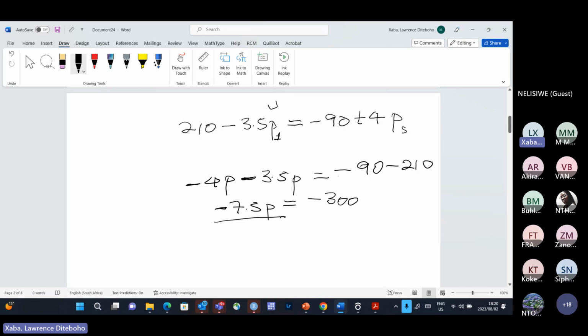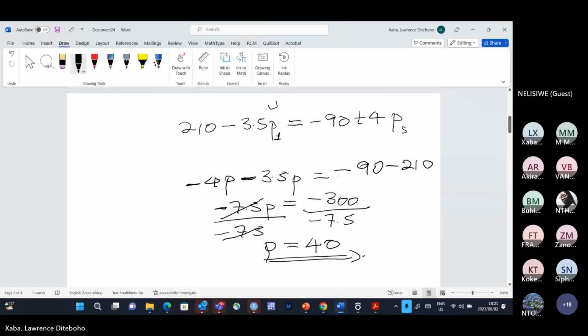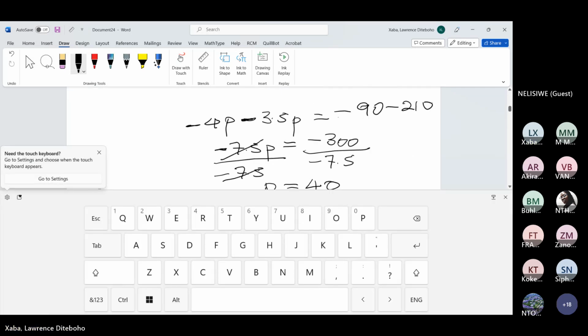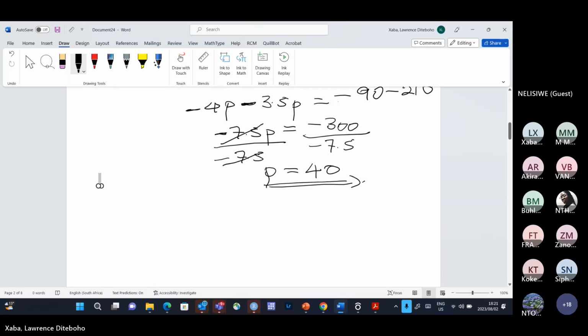So we divide both sides by negative 7.5. Even this side is negative 7.5. When we divide, we end up having P on this side. P equals 40. So the price is 40. So we got our price.